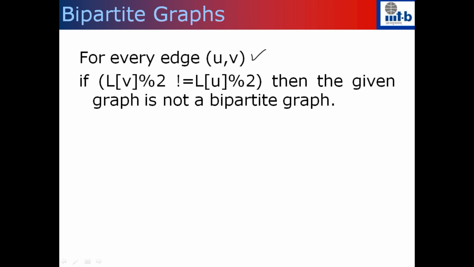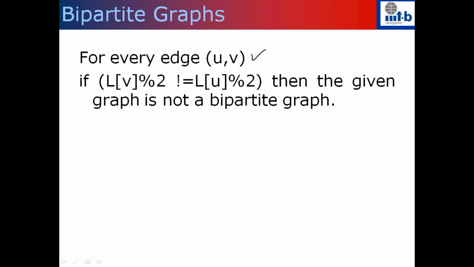So if you take the level mod 2 of each endpoint, and if one of them is 0 and the other one is 1, that means that there is an edge going from L to R. So if they are not equal, that means that one is 0 and one is 1, which implies that the edge is actually going from odd to even or even to odd.